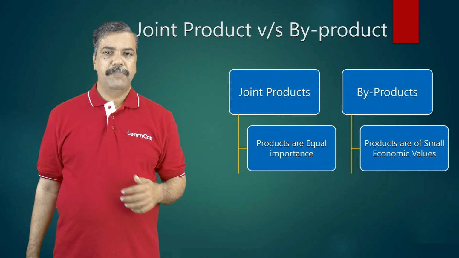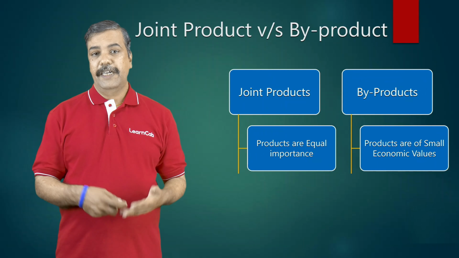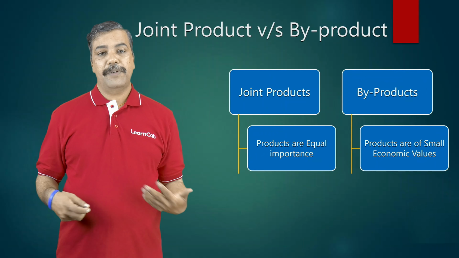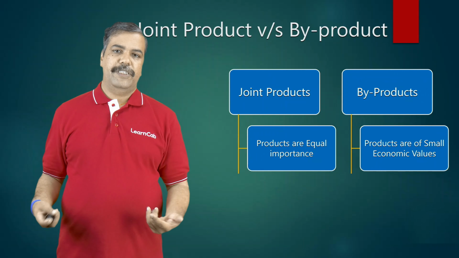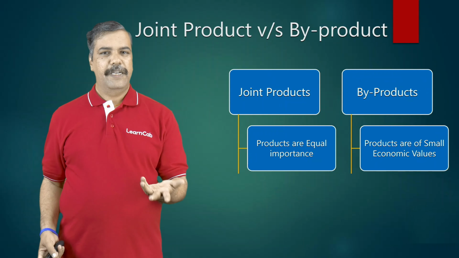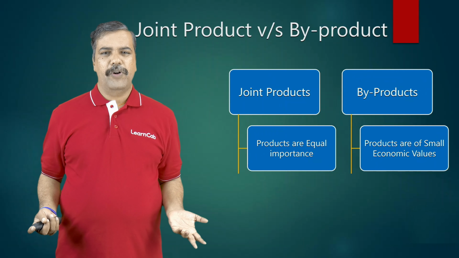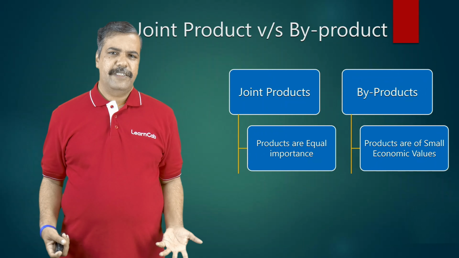But when you talk about a byproduct, I never thought of manufacturing it. It resulted in the process. It came up while I was doing a process, and it may or may not have a market value. Sometimes there is no sales value. Sometimes there will be a little bit of sales value. So I'm least bothered about that. If there is some sales value, I'll sell it and realize the cost.